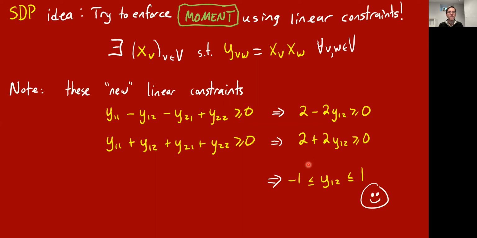That's nice. So I'm observing that the equalities y_vw equals y_wv and y_vv equals 1, which we can put into the linear program, plus these inequalities, which are consequences of the moment constraint, enforce that all the variables y are between minus 1 and 1, which is a reasonable thing. That's something that should be true.